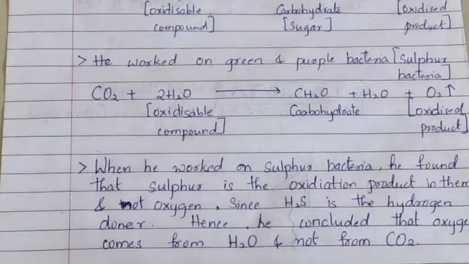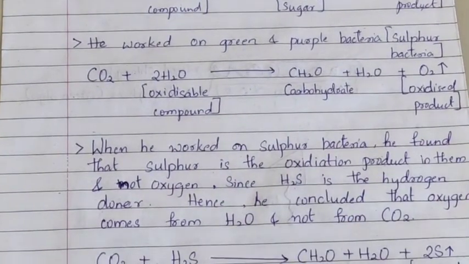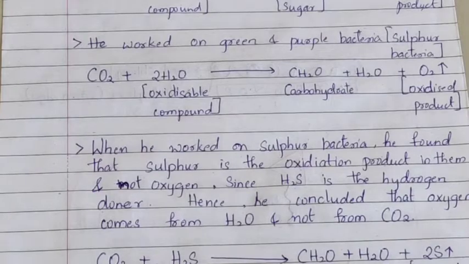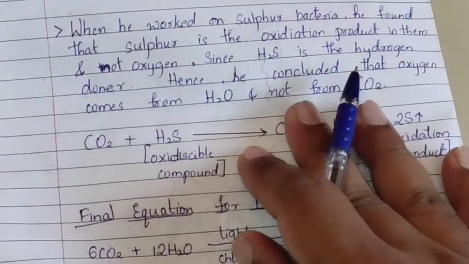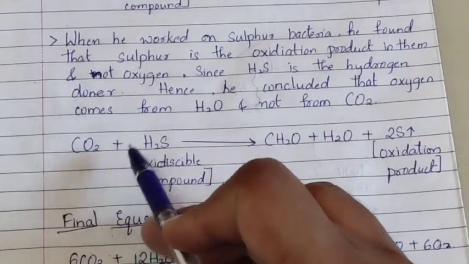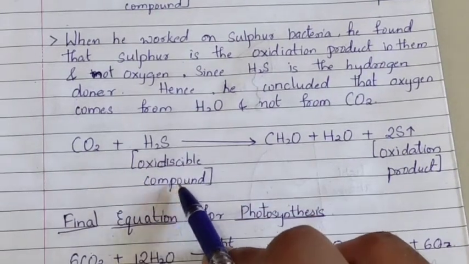But after performing this experiment on sulfur bacteria, because sulfur bacteria use hydrogen sulfide and not water, he found that the oxidation product is sulfur. Now if you look at the reaction taking place in sulfur bacteria, they use hydrogen sulfide as the oxidizable compound.